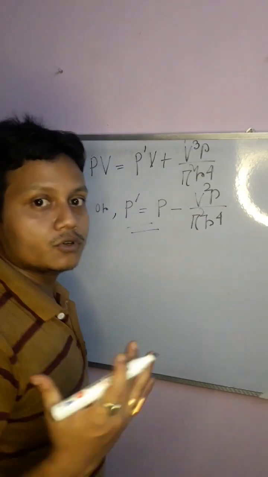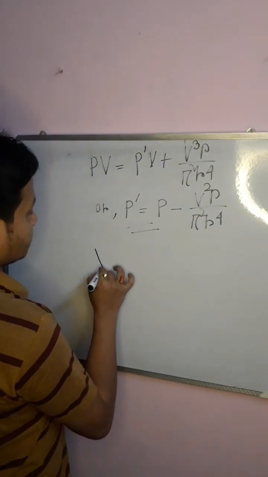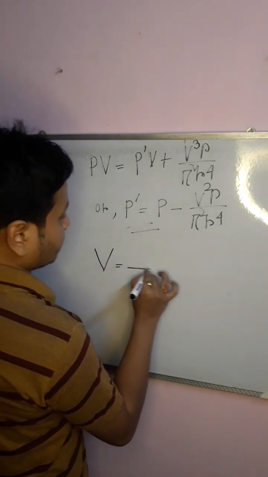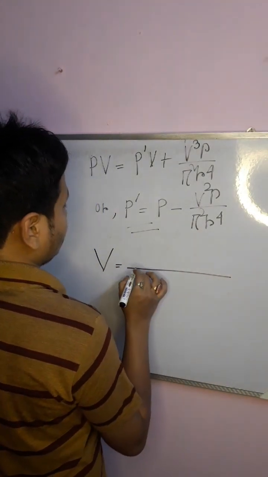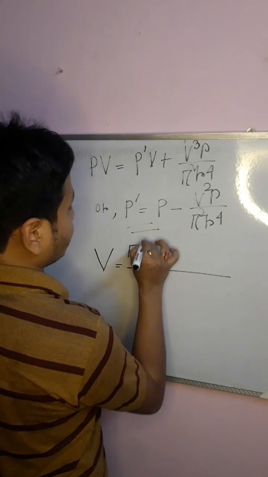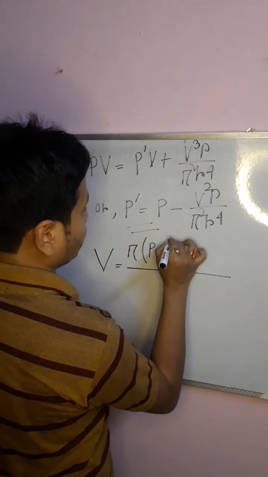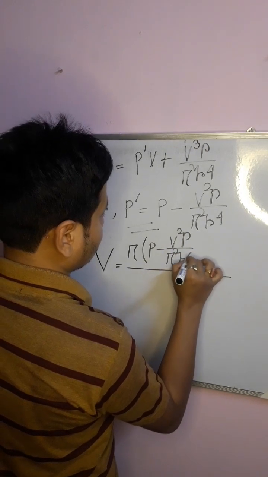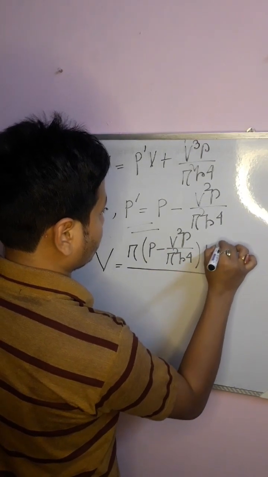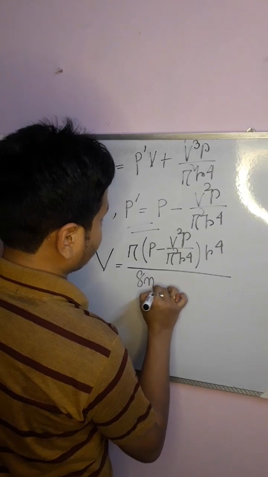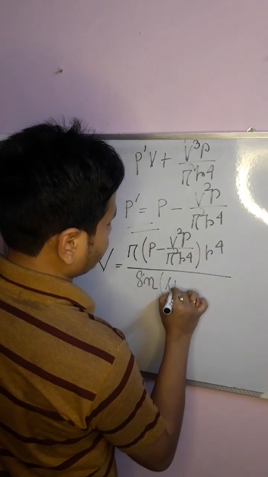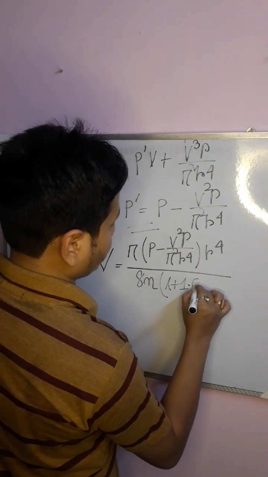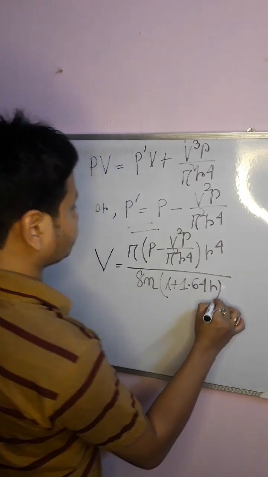Now if we combine these two corrections, that is the length correction and the kinetic energy correction, then what would be the equation? Pi, and instead of P we can write P minus V square rho by pi square r to the power 4, into r to the power 4 over 8 eta, and L becomes L plus 1.64 r.